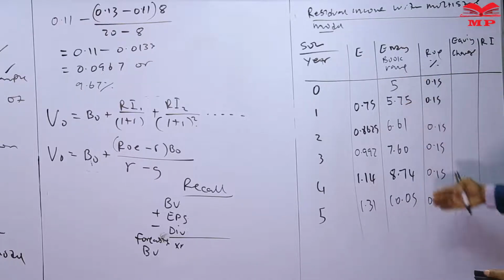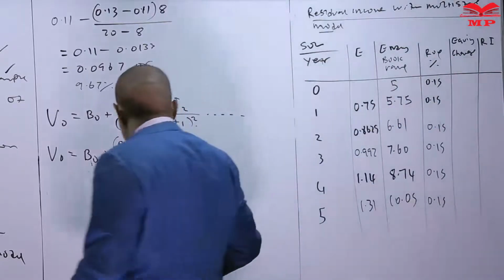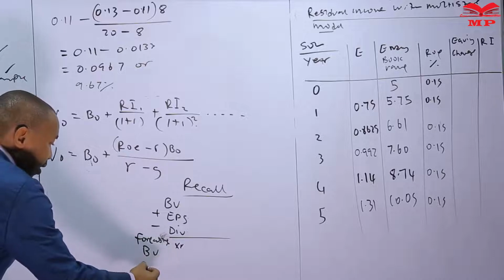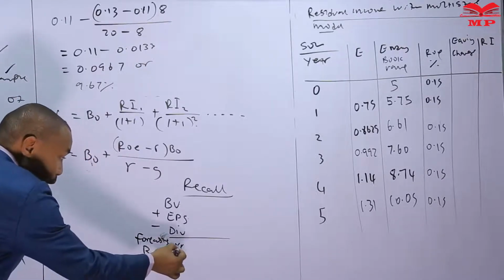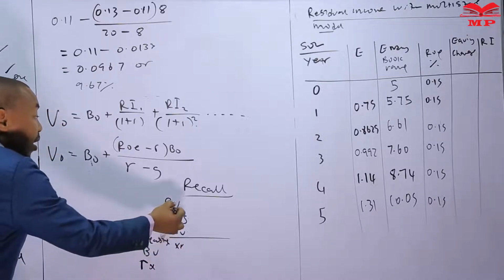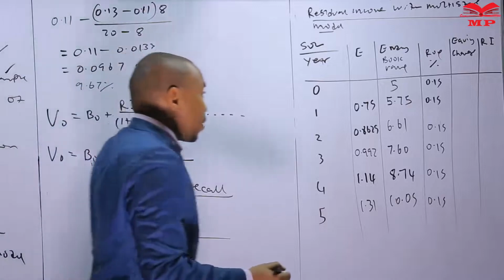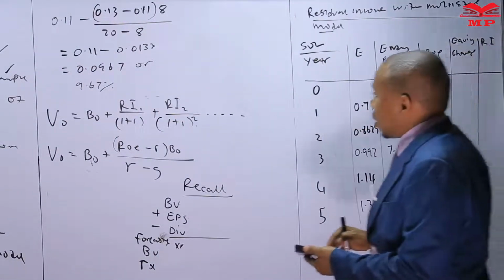Now we've done the estimates over here. Now the equity charge, we had said once we had got to the forecasted book value, the equity charge is gotten by getting the required return, R, multiplied not by the forecasted book value, but by the beginning book value. In this case, the required return is how much?